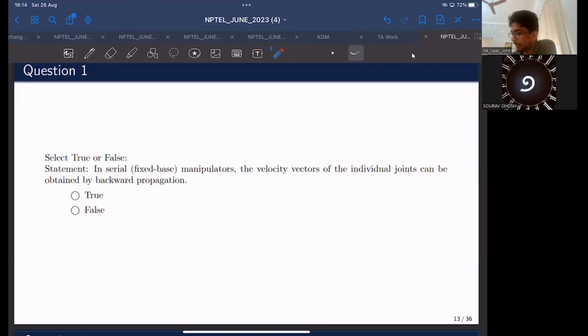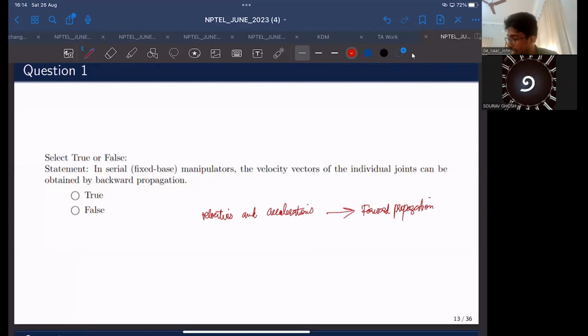Okay, so we have basically established how to propagate velocities, that is using forward propagation. So velocities and accelerations are propagated using forward propagation. And the forces and torques are propagated from the end effector all the way back to the ground frame using backward propagation.